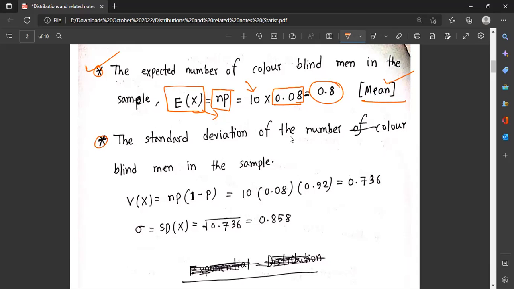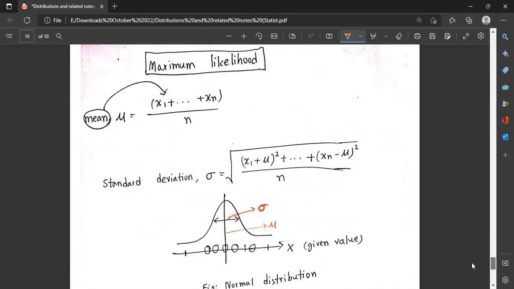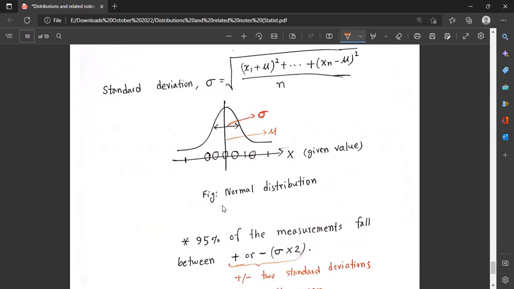And the standard deviation of the number of colorblind men in the sample. So what is a standard deviation and what is the mean? Let's see here. You see a graph here. This is the normal distribution graph. This is the x-axis and this is the y-axis. Let's say we have some data here, in this circle, okay?